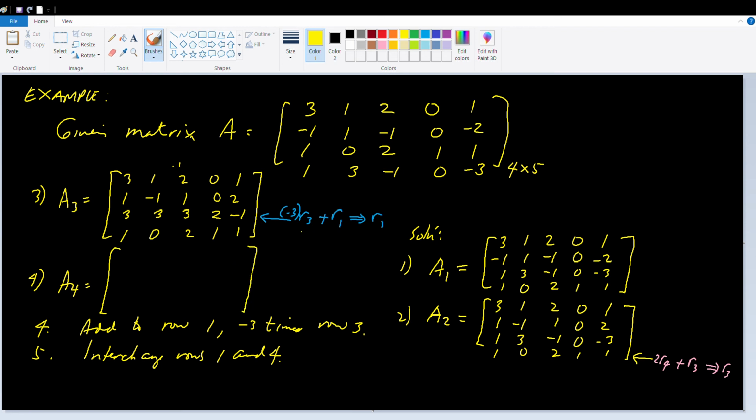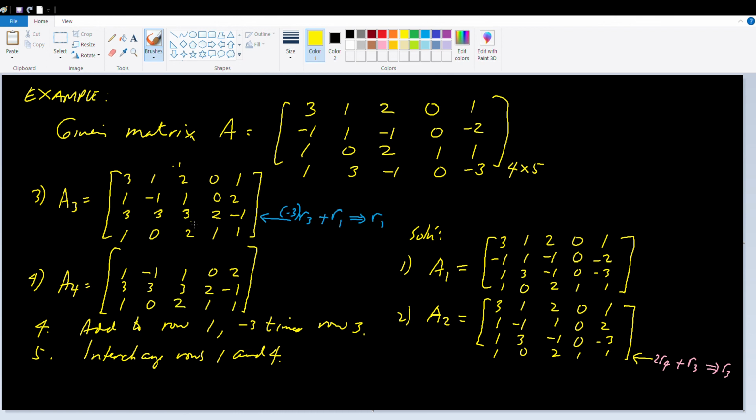So the unaffected rows are 2, 3, and 4. So we shall retain rows 2, 3, and 4: 1, negative 1, 1, 0, 2; 3, 3, 3, 2, negative 1; 1, 0, 2, 1, and 1.